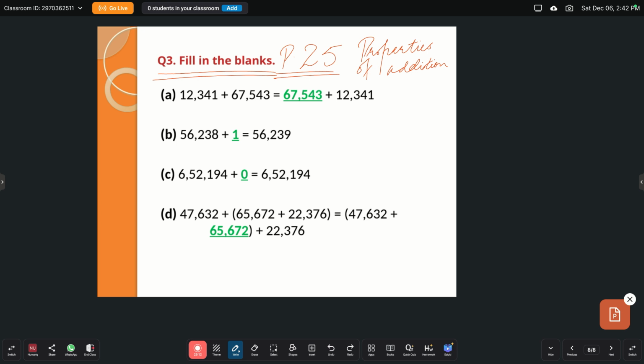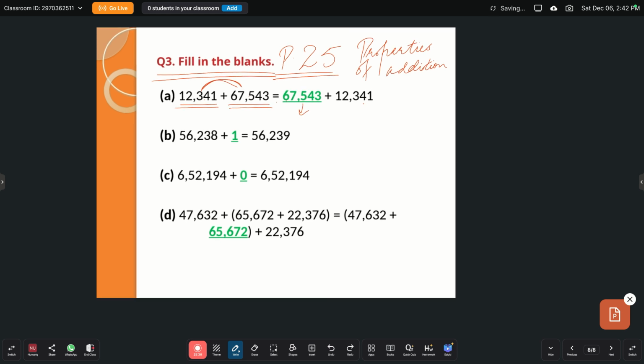Okay, so our first part is 12,341. This is our first addend, and our second addend is 67,543. Here it's written is equal. It says that if I add these two addends, it will be equal to this addend and this addend.